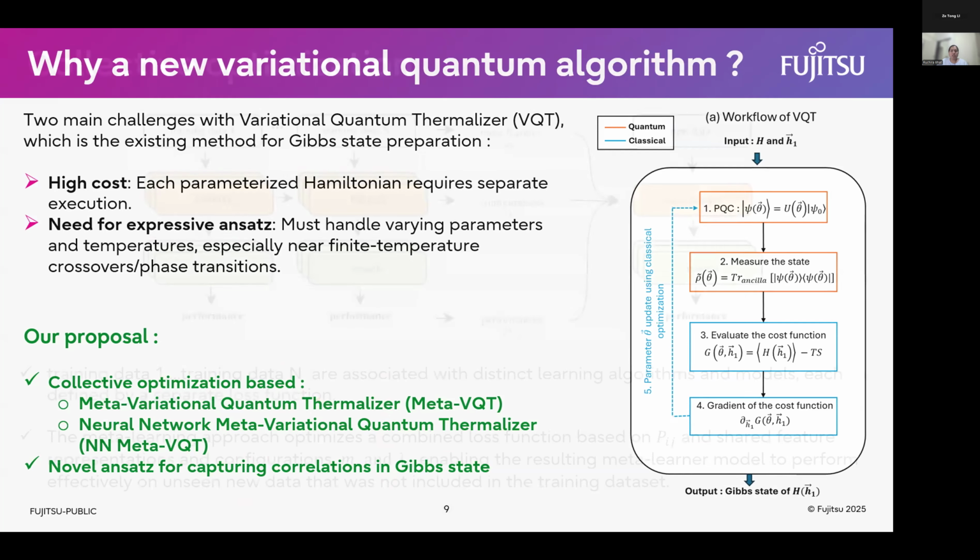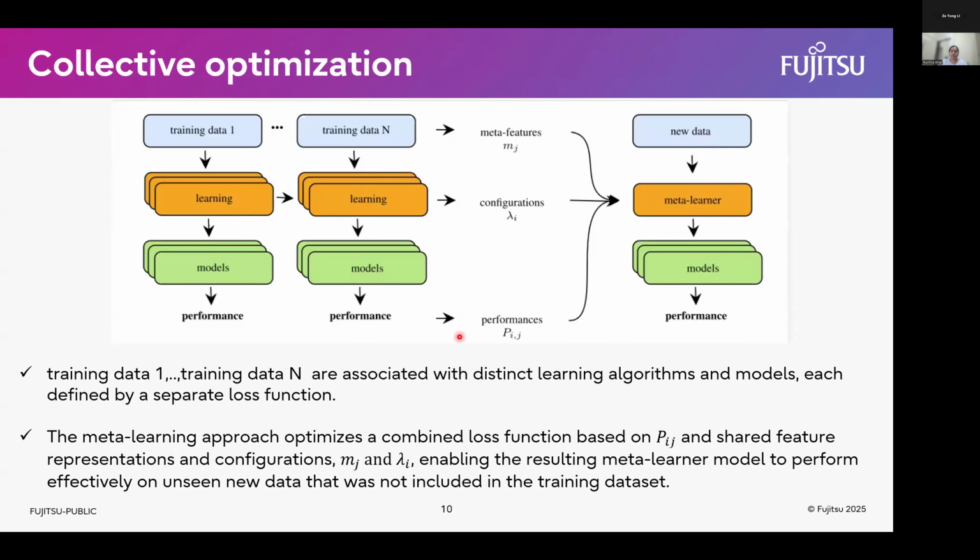So now to explain briefly what collective optimization is. The idea comes from classical machine learning, where we have different training data, say training data 1 up to n, and corresponding to each of these training data, we have an independent model as well as a cost function defining that model.